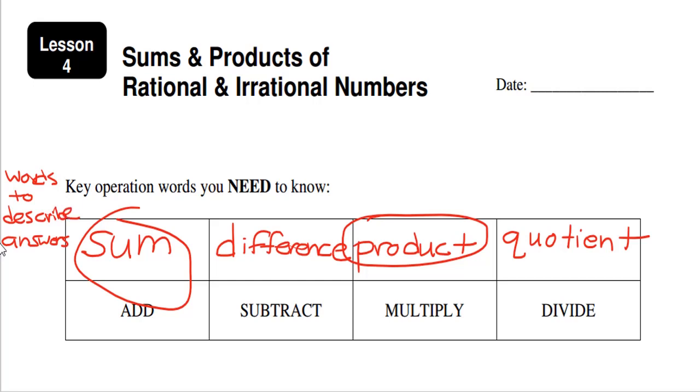Make sure you have all that in your notes. Sum is the answer when I am adding. Difference is the answer when I subtract. Product is the answer when I multiply. And quotient is the answer when I divide. Pause the video if you need to copy this down.